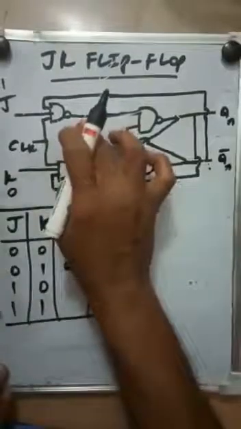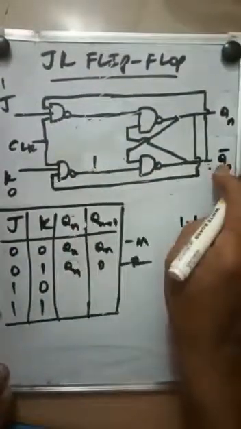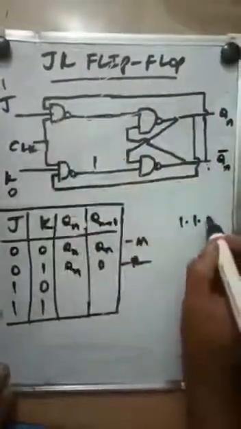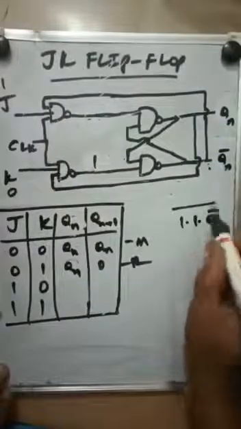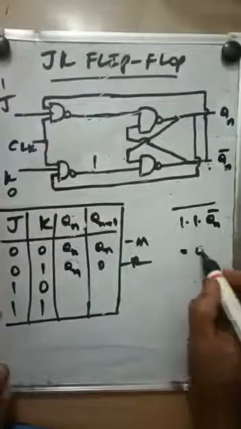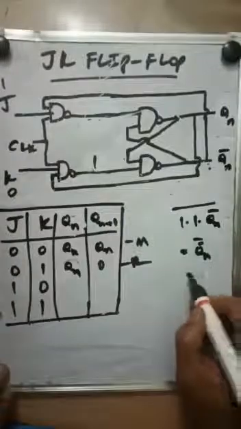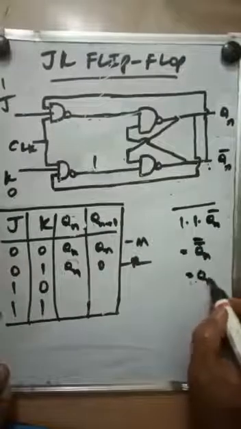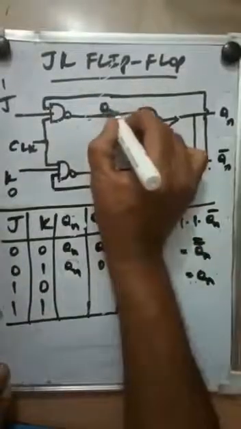And coming to this is 1 dot clock is 1 and qn bar is coming. Then whole bar. That means this is qn bar whole bar. That means qn. So here we arrived at qn.